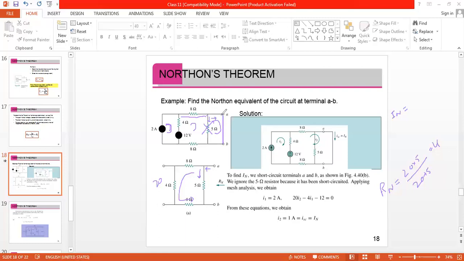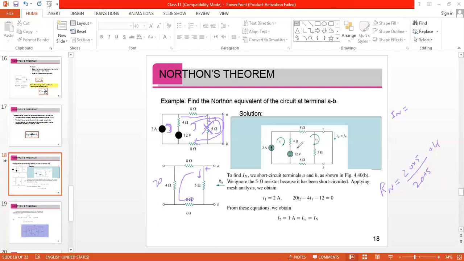Since this path is a short circuit, the total resistance on this path is 0. So current will never go through this path. So you can just leave this path. So you can say that there are two meshes. The first mesh is this, and the second mesh is this one. This 5 ohm resistance will never come into the game.